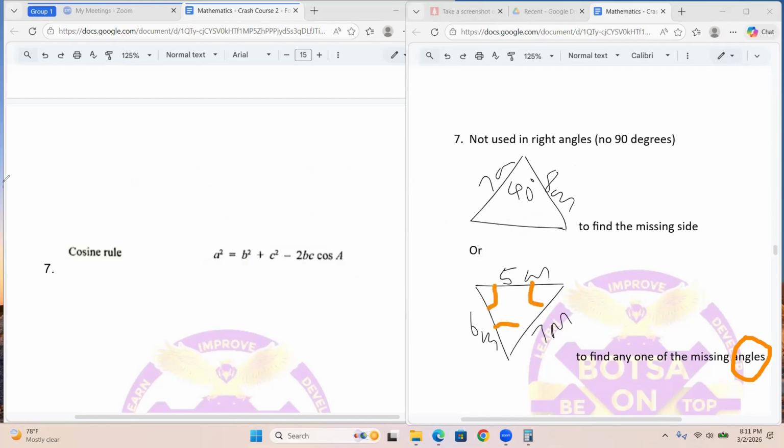But you could find them one at a time, of course. You can't find all three at the same time. Normally, questions don't ask you to find all three at the same time, but just say you can find any one of the three. You just need all three sides using the cosine rule. Okay, so those are the scenarios you'll look for to know when to use the cosine rule.